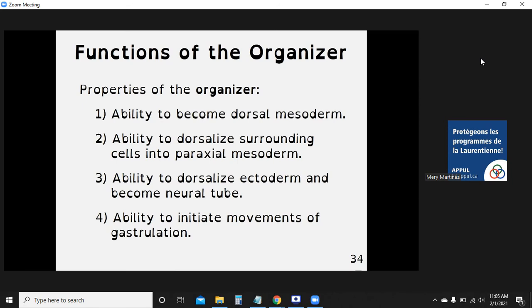They also have the ability to dorsalize the ectoderm and become the neural tube. And finally, it has the ability to initiate the movements of gastrulation. So if that zone, the organizer, is taken away, we will not have the formation of an embryo, because any of the induction pathways that are necessary for the different movements involved in gastrulation won't be there.